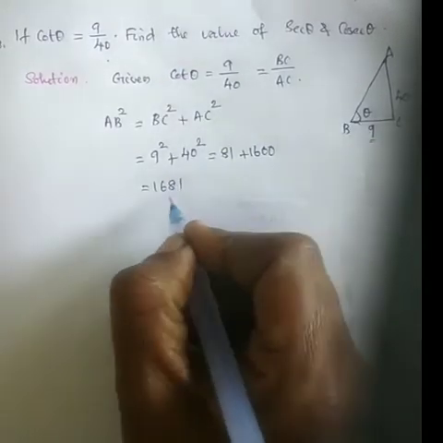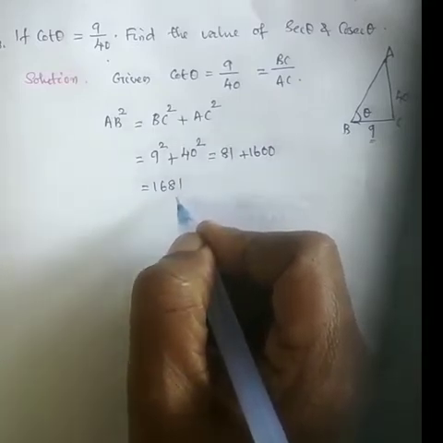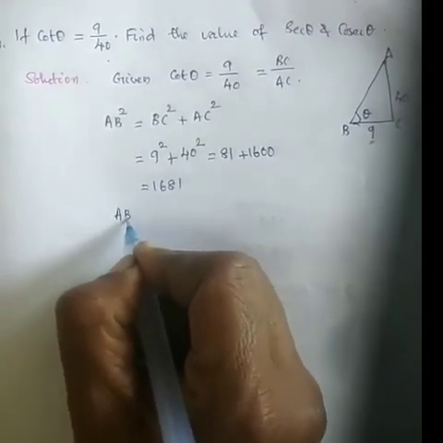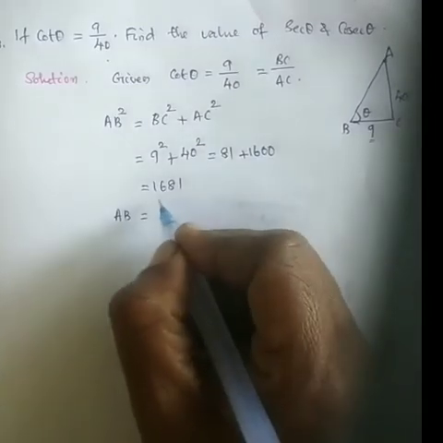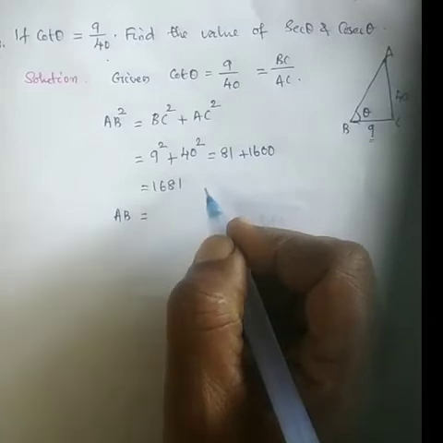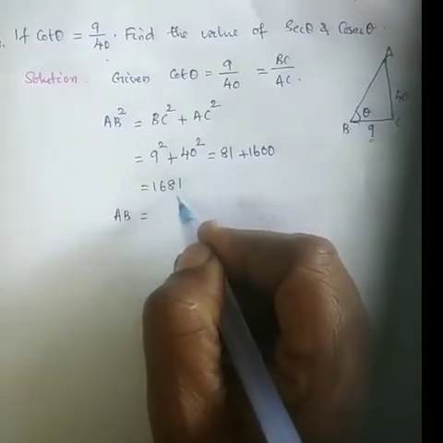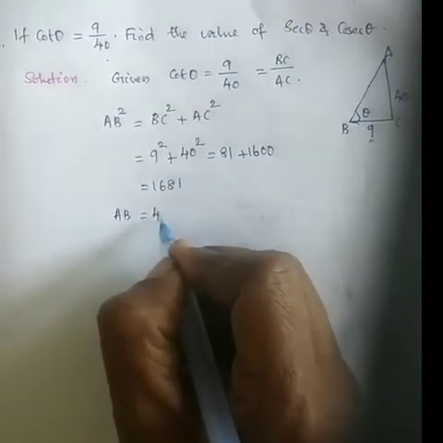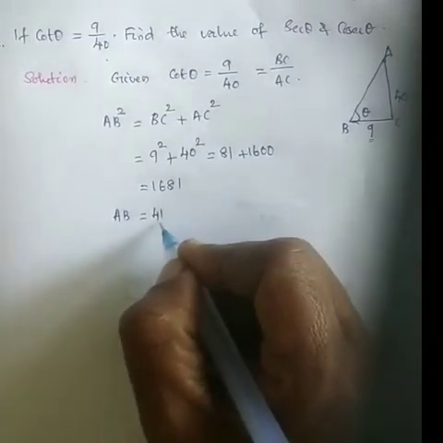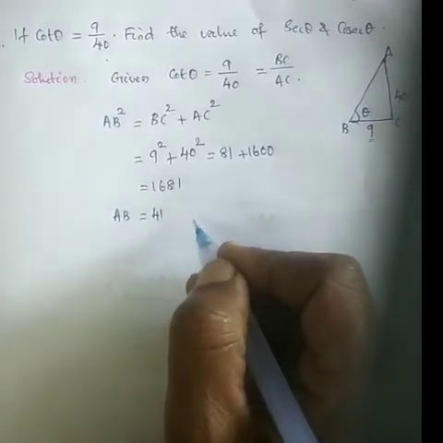That is, AB square is 1681. What is AB? AB is the square root of this value. Since a side is taken as positive, we take only the positive square root, that is 41. Square root of 1681 is equal to 41.